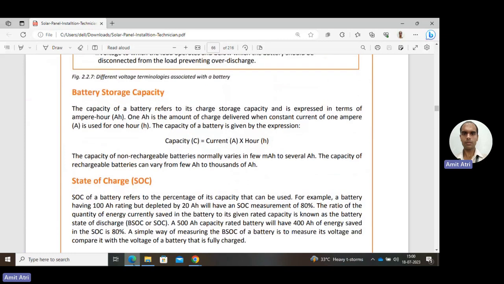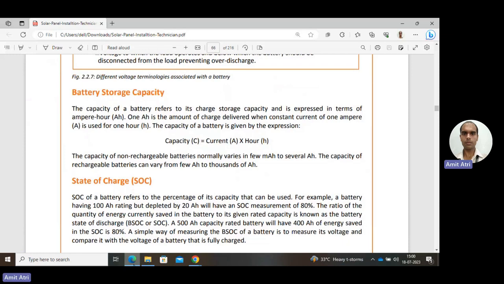Battery storage capacity. Capacity of a battery refers to its charge storage. It is expressed in ampere hour. So capacity is a product of current and time.